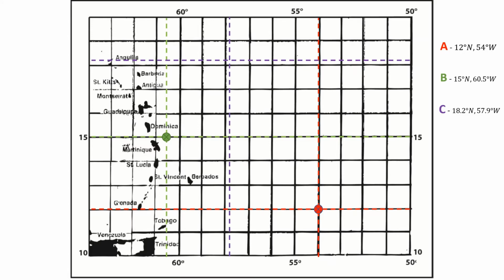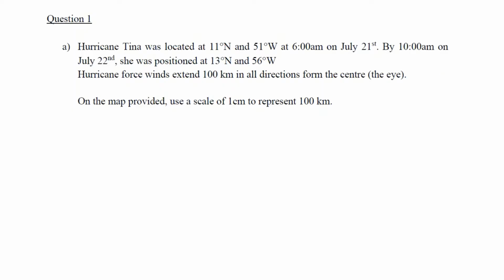Now let's take a look at an example of using hurricane tracking and reading the map as we have it. Hurricane Tina was located at 11 degrees north and 51 degrees west at 6 a.m. on July 21st.